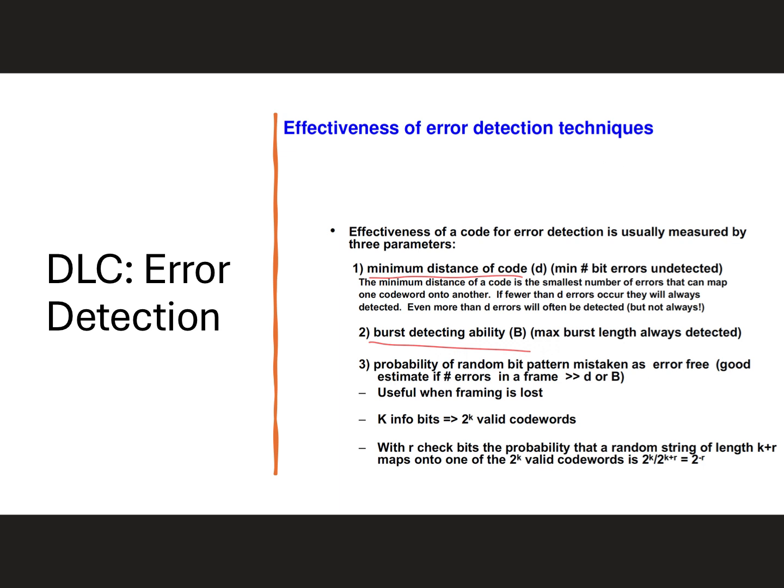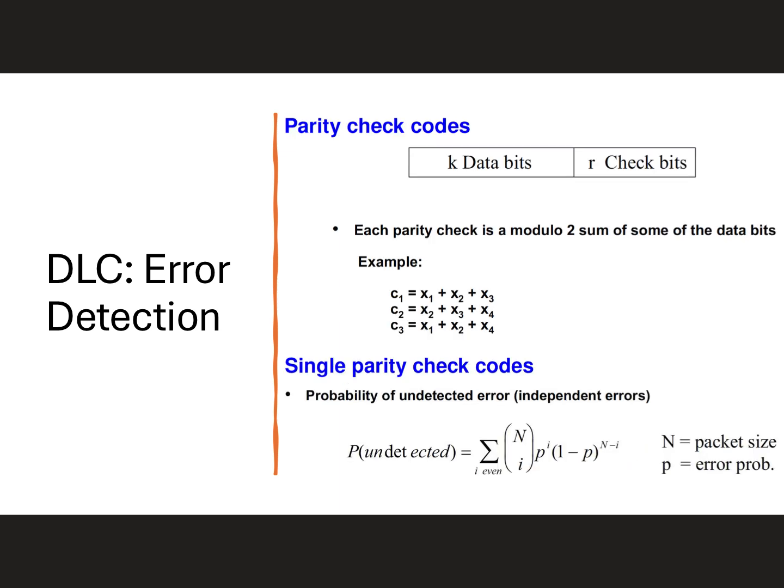Again, we mentioned that in the lecture, so you have to be a bit aware of what's happening there. And then also we looked at something called the probability of random bit error, which is typically given by this expression that we see here, right? So these are the different parameters that we can use to figure out how good is a method.